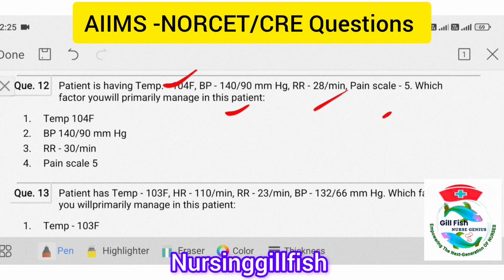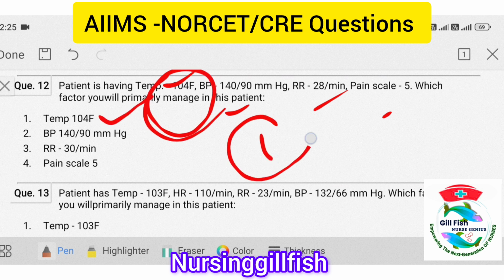Everything else is somewhat normal here. Only the temperature is rising, so the first priority is temperature. So option 1, 104 degrees Fahrenheit, will be the answer. Okay, fine.